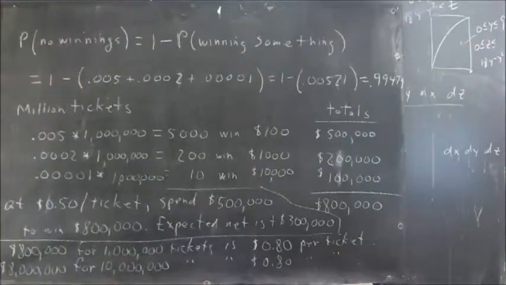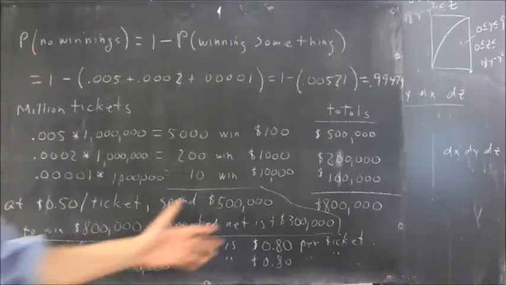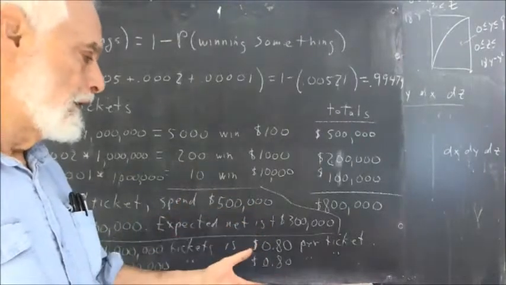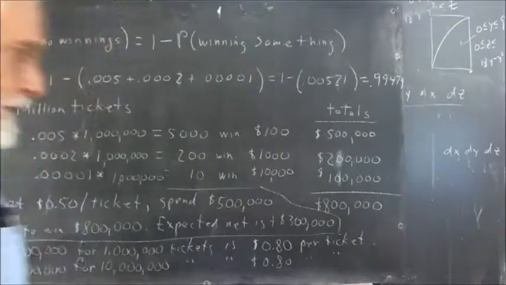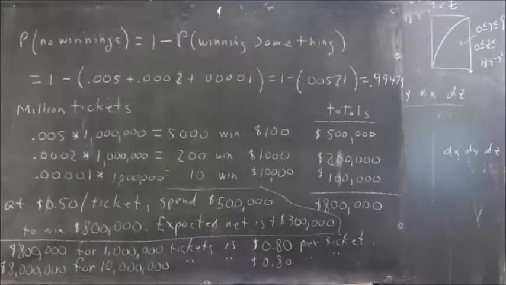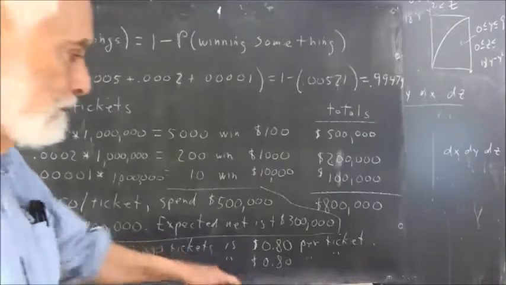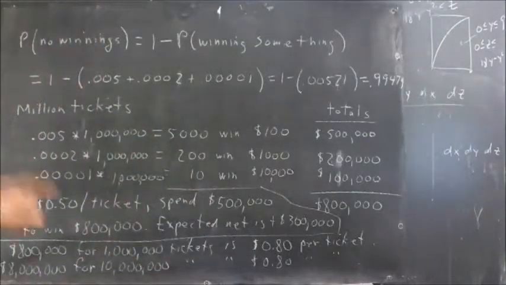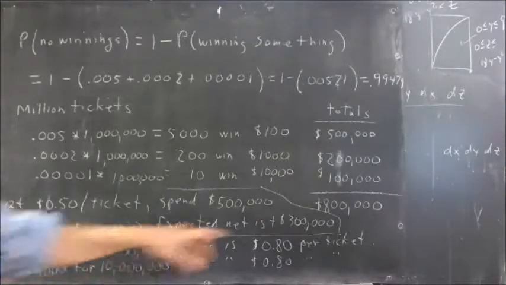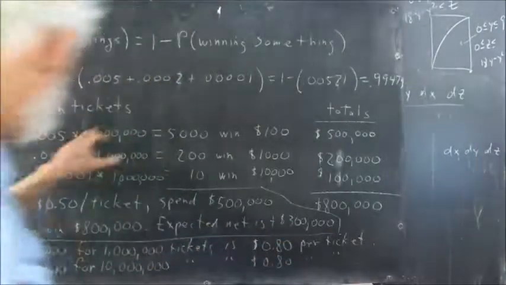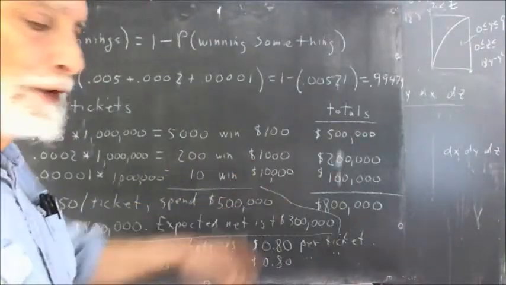The point being that you would expect to win 80 cents per ticket. So you multiply that 80 cents by whatever number of tickets you choose to buy. That would be the expected value of a ticket. Of course, if you're paying for the tickets, then your expected net would be $300,000 on 1,000,000 tickets, and that would be 30 cents per ticket.